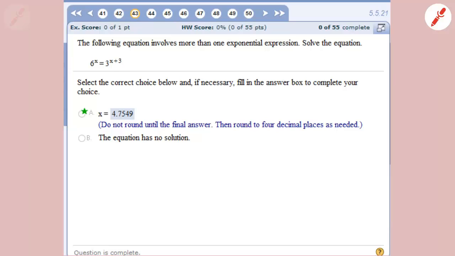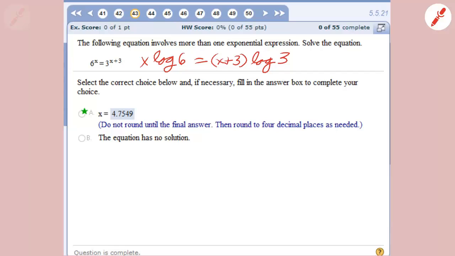Now here is something that's not as easy as it looks. All right, I am going to take the log of both sides. All right, so I'll take the log of 6 to the x, which means I'll have x times the log of 6, and that equals x plus 3 brought down in front times the log of 3.